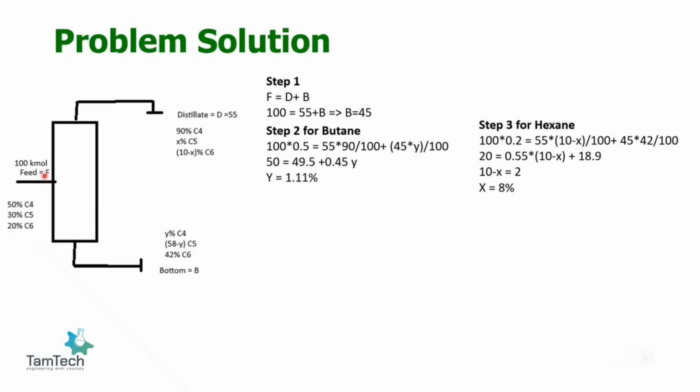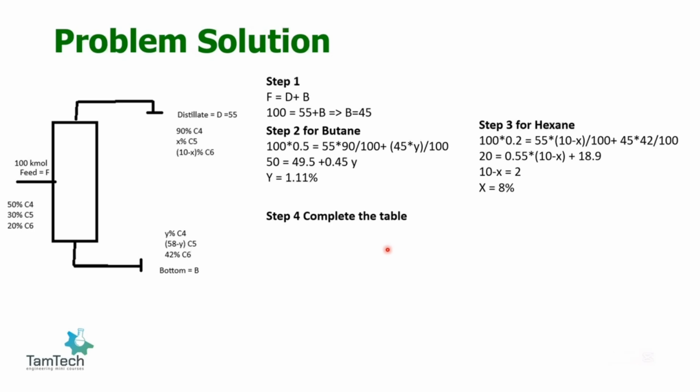So hexane in the feed is 100 multiplied by 0.2. In the distillate, hexane is 55 multiplied by 10 minus X divided by 100, and in the bottom it's 45 multiplied by 42% divided by 100. Again I simplified the equation to solve for X and found that X is 8%.